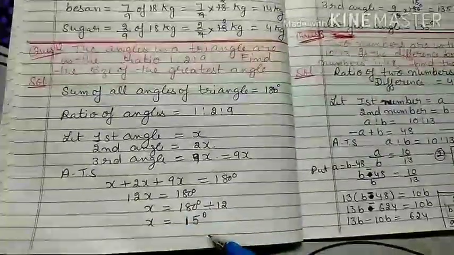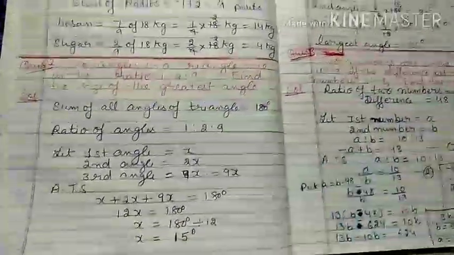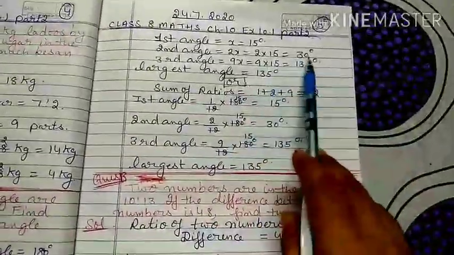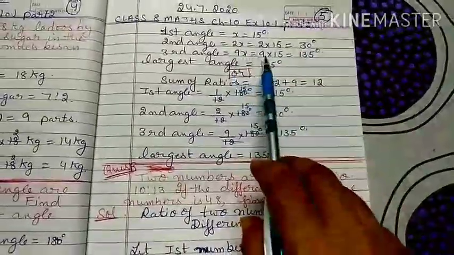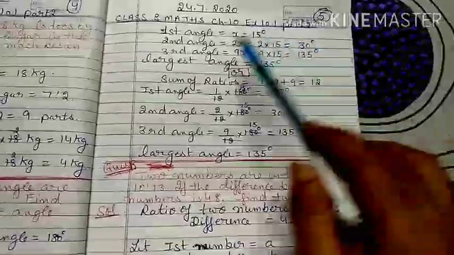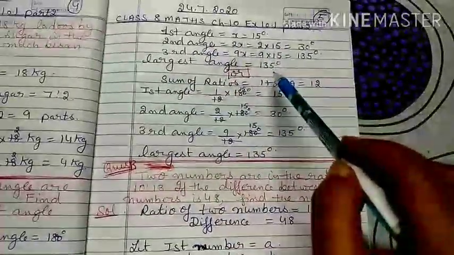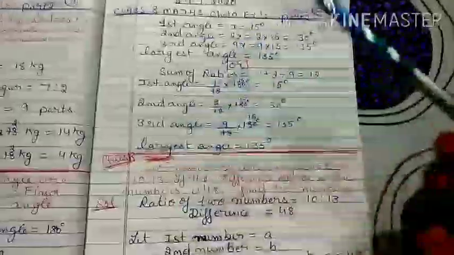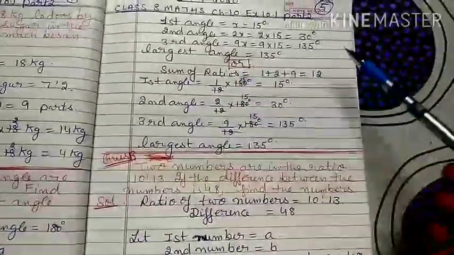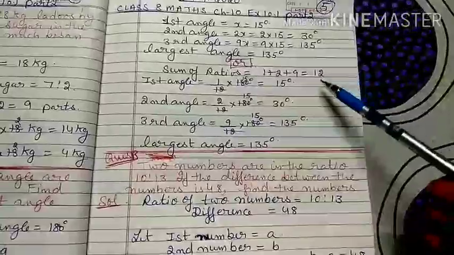After calculation we got the x value 15 degrees, and one by one you replace. x is equal to 15 degrees, 2x is equal to 2 into 15, 30 degrees, 9x is equal to 9 into 15, 135 degrees. Among these, my largest angle is 135, that you have to find in your question. Another method is you directly find the sum of the ratio, 12 parts, that means 180 degrees divided into 12 parts.